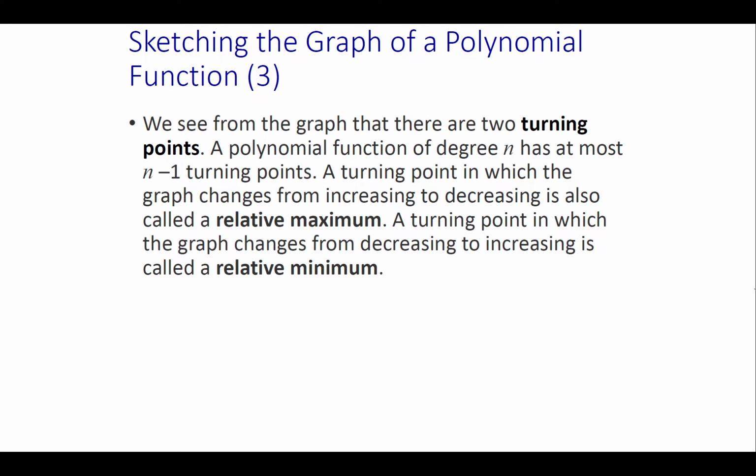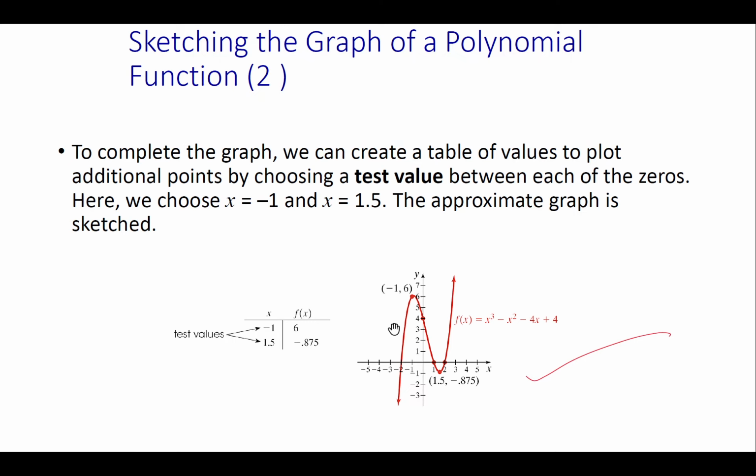Okay, so the one thing you have to be careful of, or focus on, is turning points. We see from the graph that there are two turning points. Look here, the graph is going up, and at some point it starts going down, down, down, and at some point it goes up. These are called turning points.